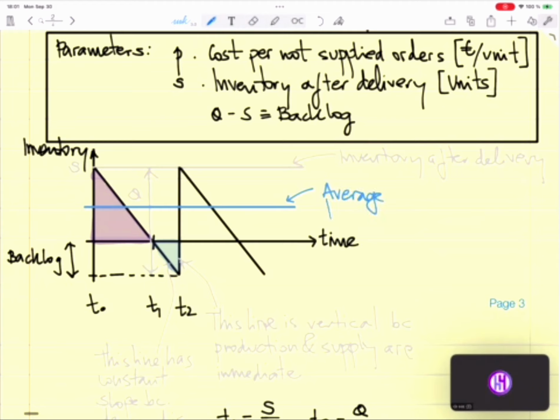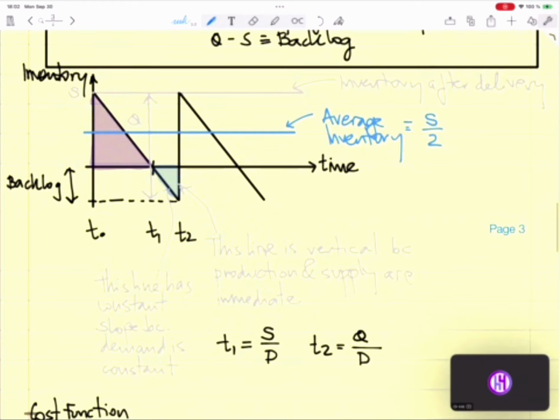No, because the backlog, you don't have inventory. You have only orders. So the average inventory is S divided by 2. Okay? Because the backlog, you don't have inventory. It's in the middle of the purple triangle, okay?